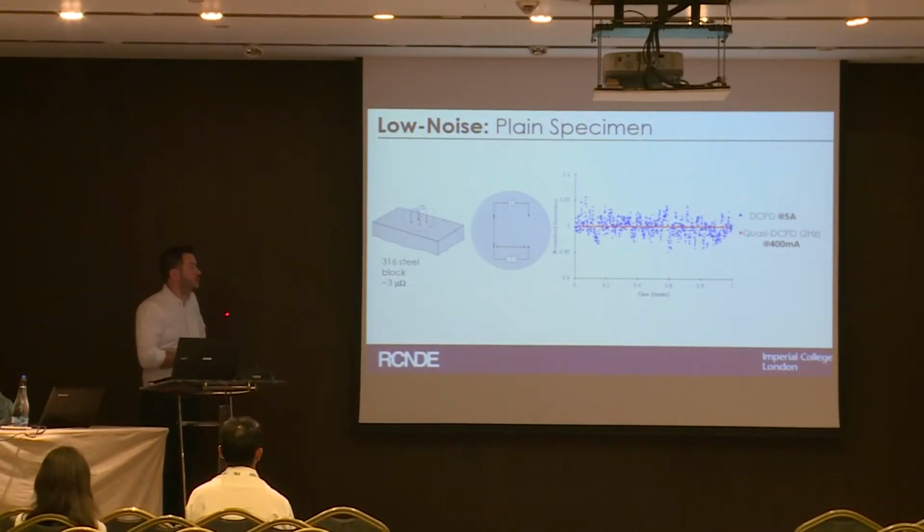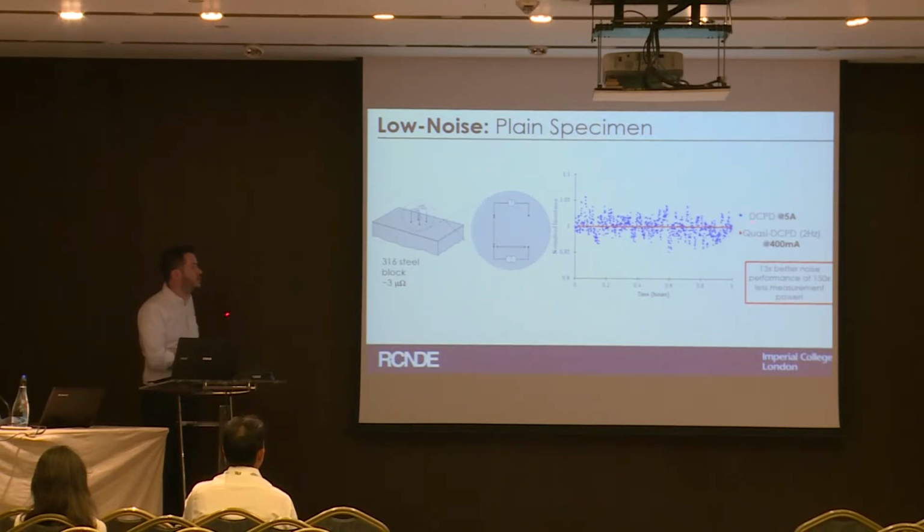On the other hand, if we're using our Quasi DC technique, these are the red dots here, and probably from where you're sitting, it just looks like a horizontal line. It shows that our noise performance is far, far superior to the traditional DC technique. Is this a fair comparison? No, it is not.